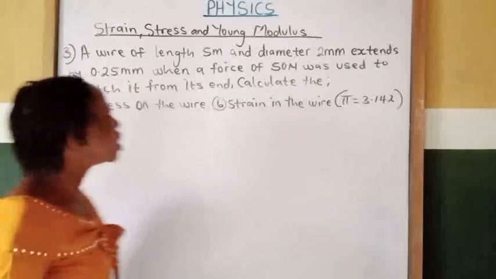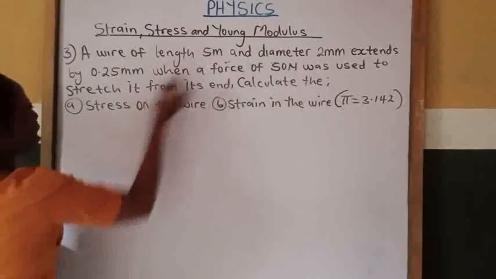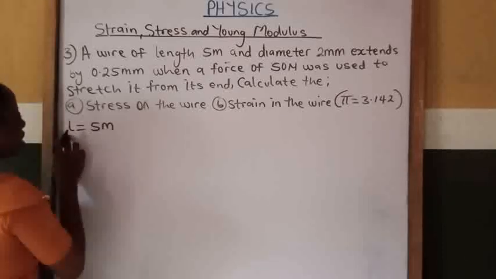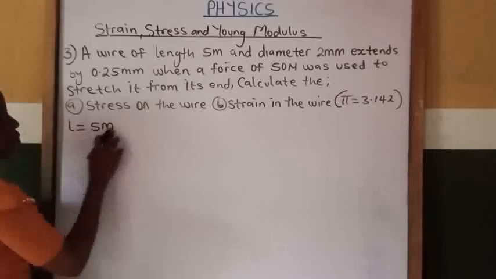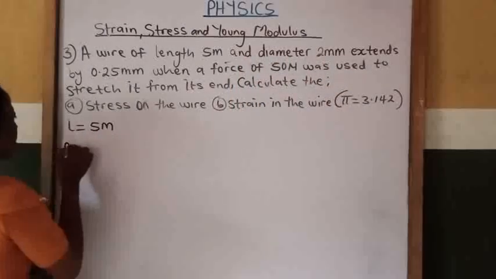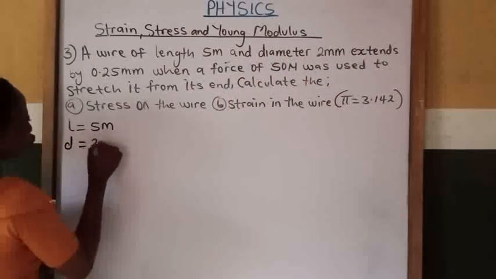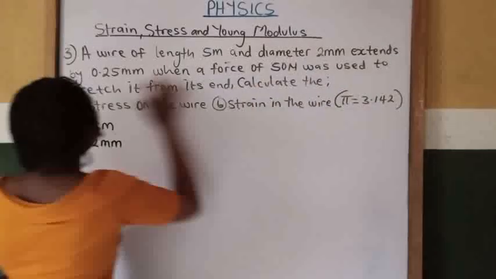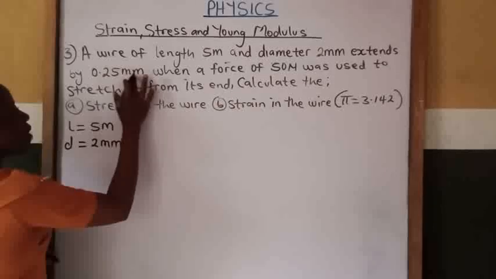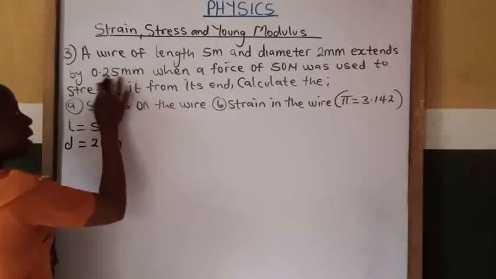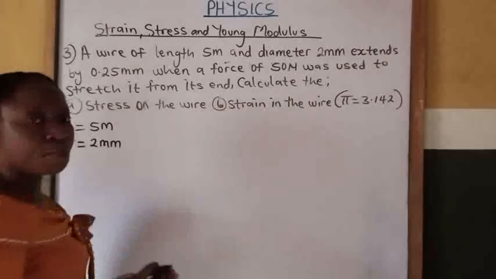Is D. A wire of length 5 meter. The length of the wire equal to 5 meter, and diameter of 2 millimeter. Diameter D equal to 2 millimeter. Extends by 0.25 millimeter. That is, the wire increases in length by 0.25 millimeter.